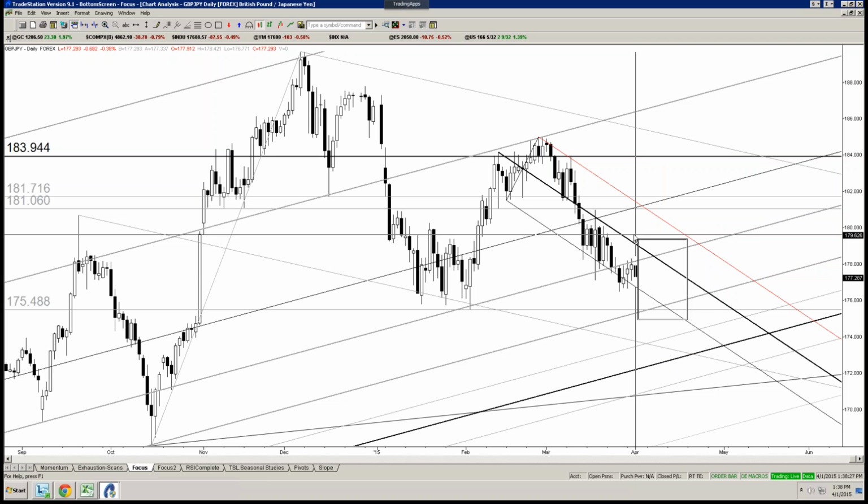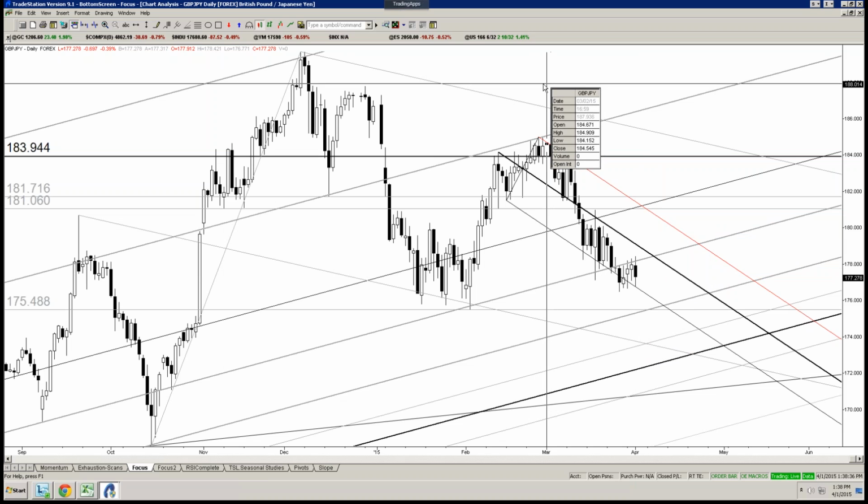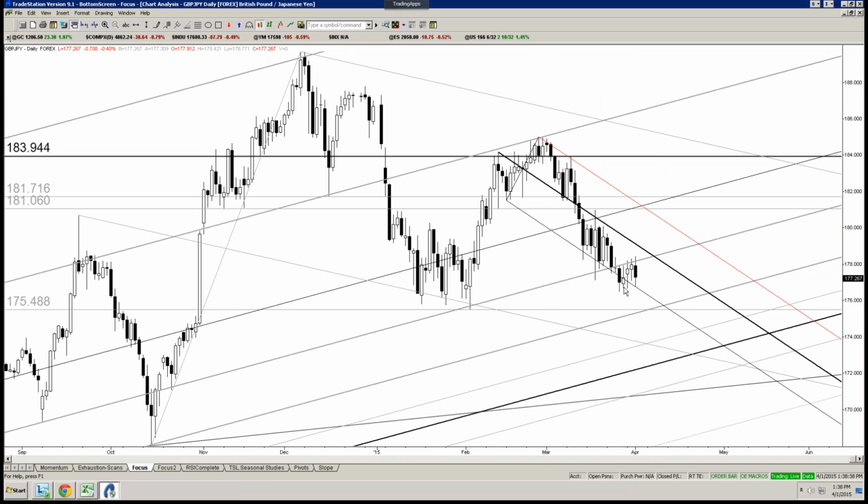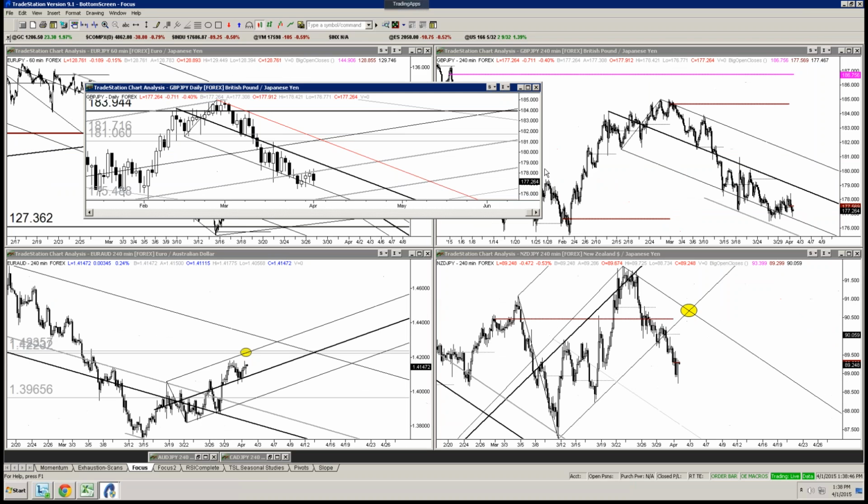So as it sits right now at this moment, I don't have much to do with pound yen. Kind of stalk it, wait. See if you can get a move up into the upper parallel for a much bigger, high reward to risk short position.